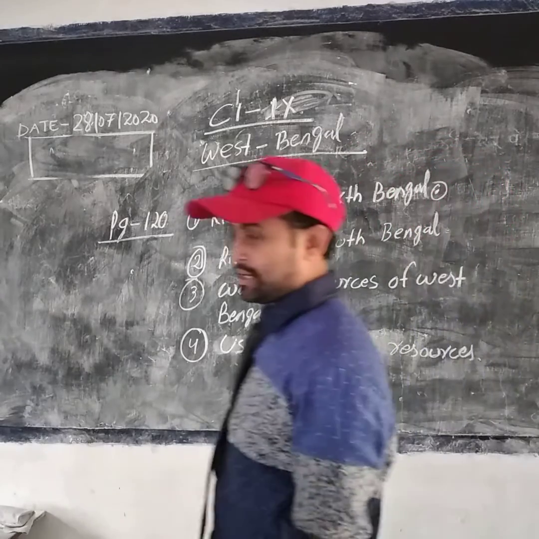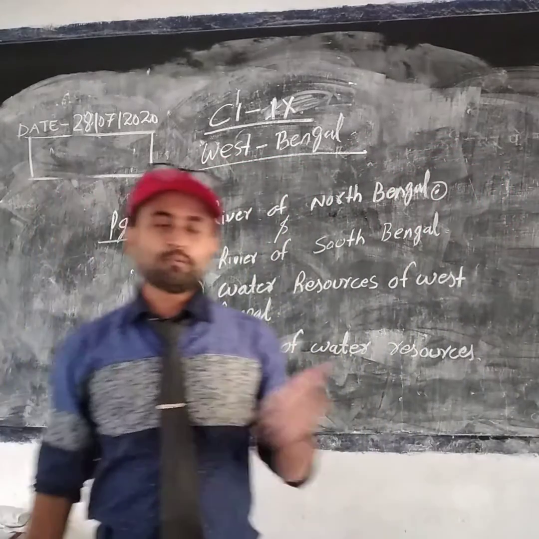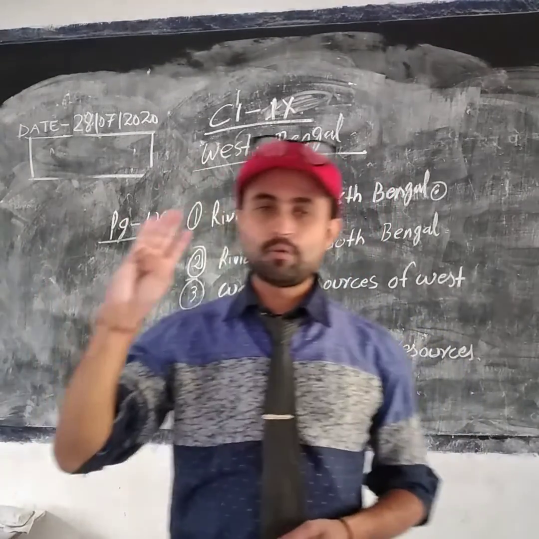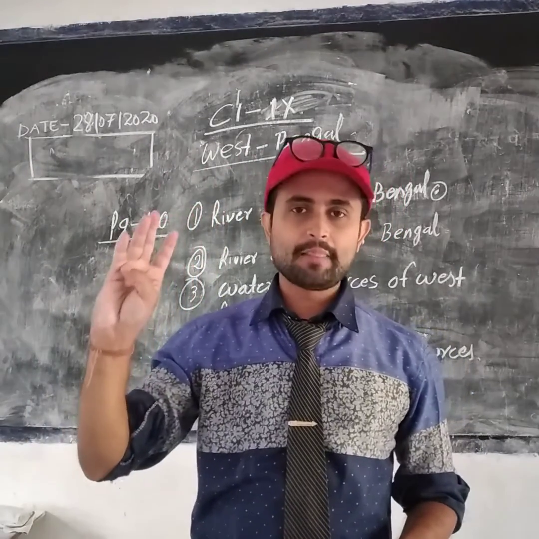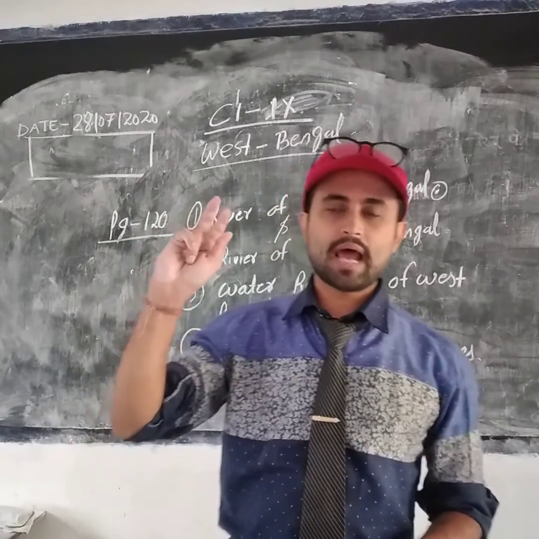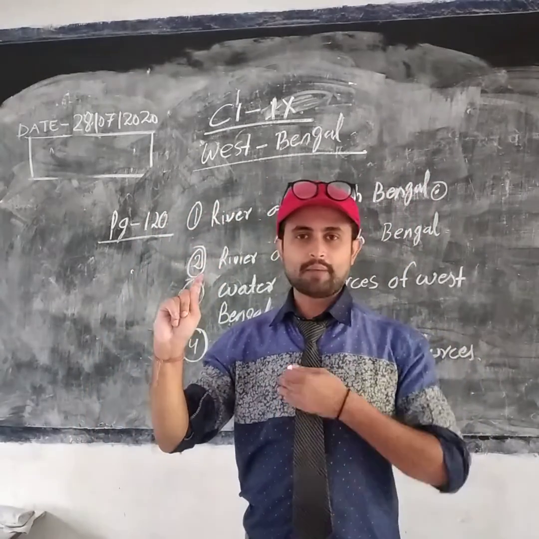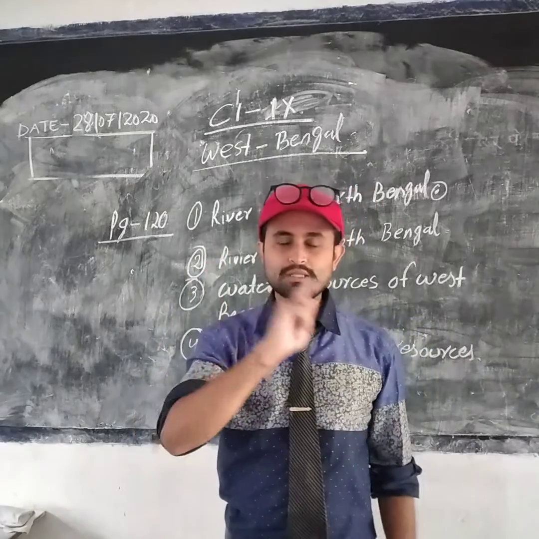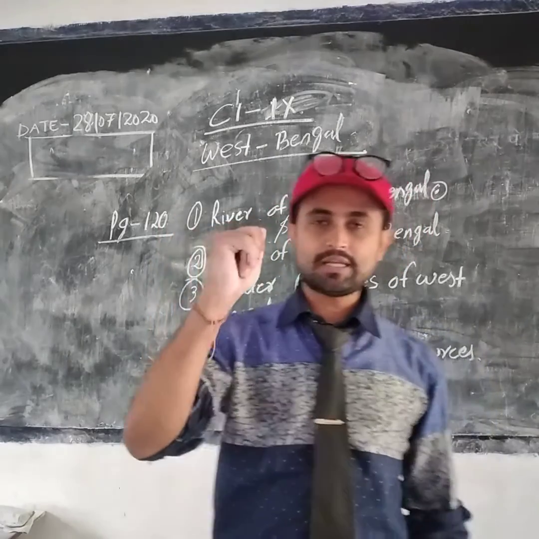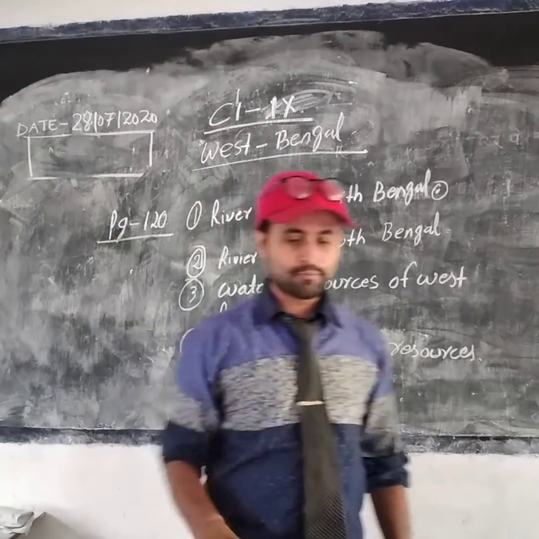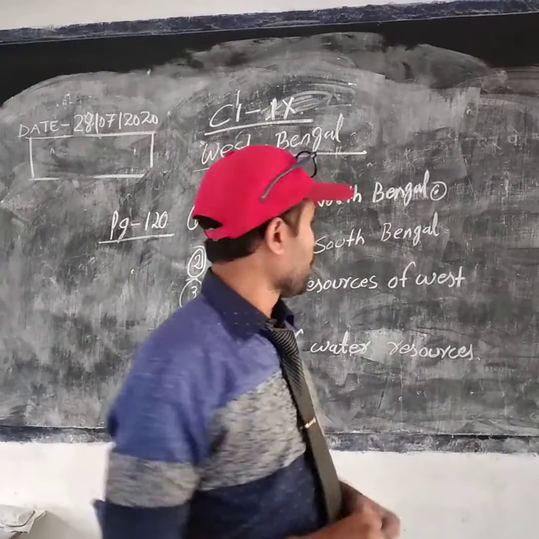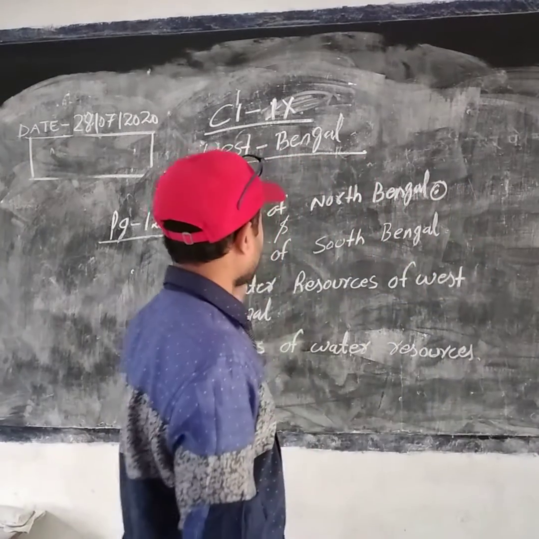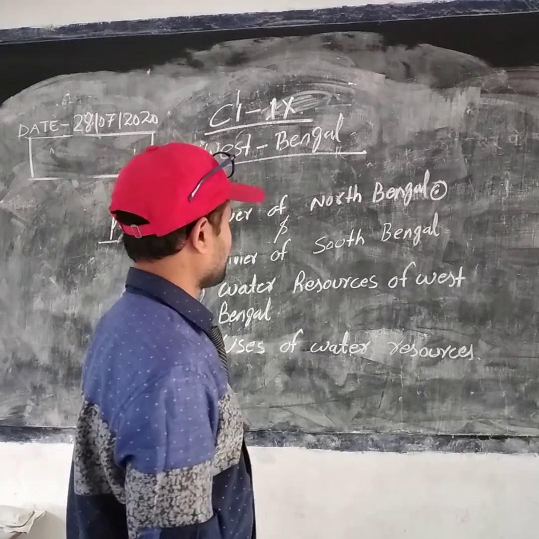The important rivers of North Bengal are: number one, Mahananda; number two, Jaldhaka; number three, Torsa, which came from Bhutan; number four, Tista; and number five, Sankosh. So these all are the rivers of North Bengal.